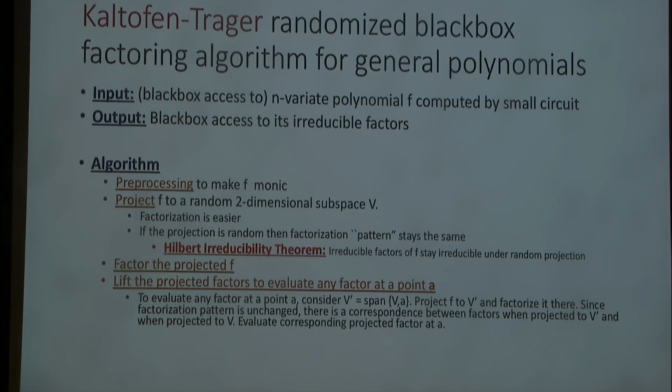Each time you have a new point, you lift it to the three-dimensional space, find the correspondence, and then evaluate it at the point. So this was discussed for a particular point alpha, but alpha can be an input to a circuit that, with oracle access to the original polynomial, will produce a value on every factor. And that's how you reconstruct the result about the small circuits.